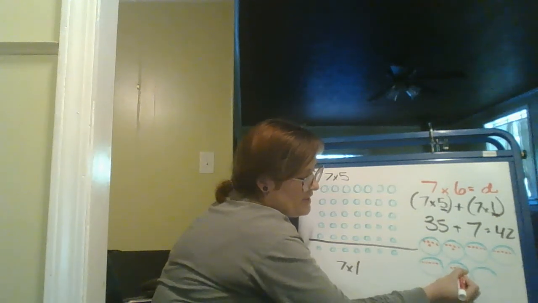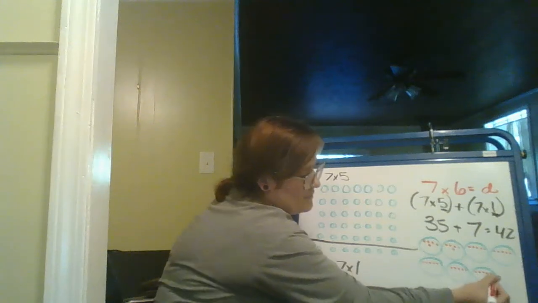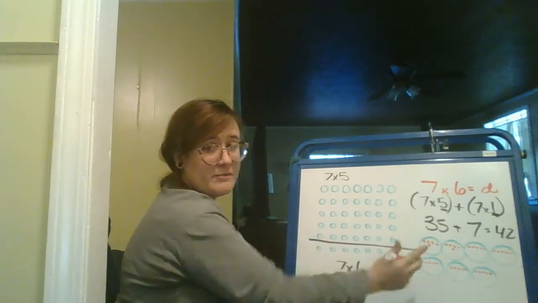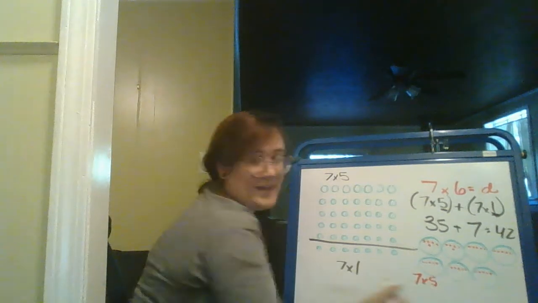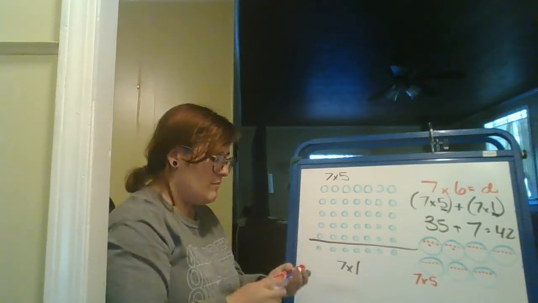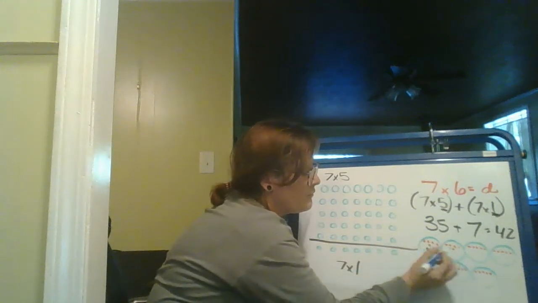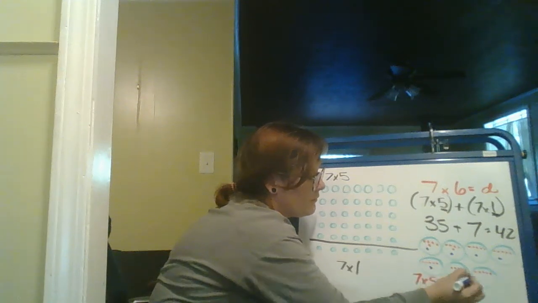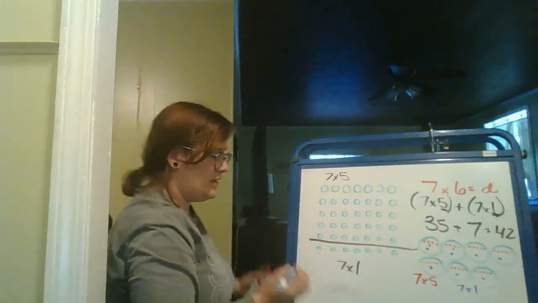For it to be multiplication, we have to have equal groups because we know multiplication is equal groups. So the problem that matches the red dots is 7 groups of 5. But guess what? There's also a blue dot in each circle. And that's 7 groups with 1 blue dot in each.